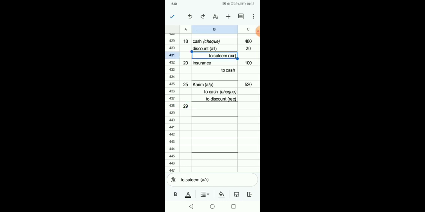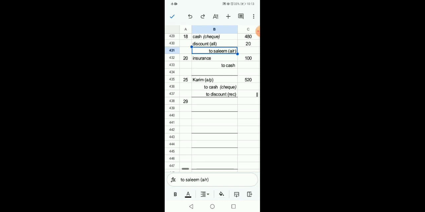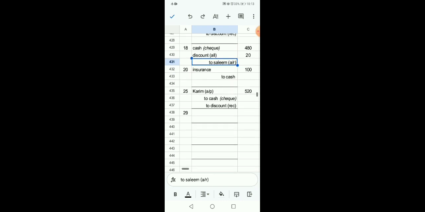But due to any reason, maybe the date was wrong, maybe the amount written in words does not match the amount written in numbers, we are just assuming due to any reason that the check has been dishonored. Now again, please make your mind, you have received this check from Salim, you have endorsed this check to Kareem, and now Kareem has gone to the bank and the bank has refused this payment. So what will happen?